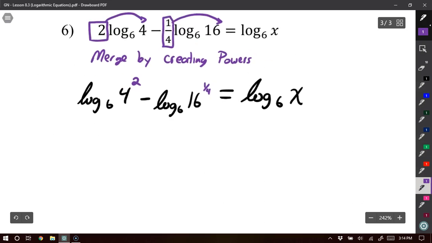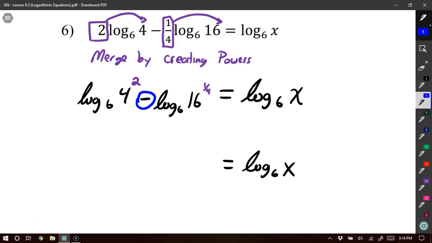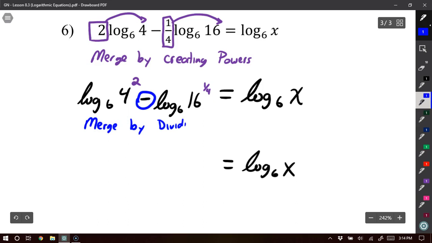So I got rid of those coefficients, they're bothering me, but there's still something else bothering me, and it's this minus sign. There's still too much on this left-hand side. I mean, that right-hand side, beautiful, equals log base 6 of x. It's so simple. The left-hand side has that minus sign, and so I think about when I'm subtracting logs, I have to merge by dividing.